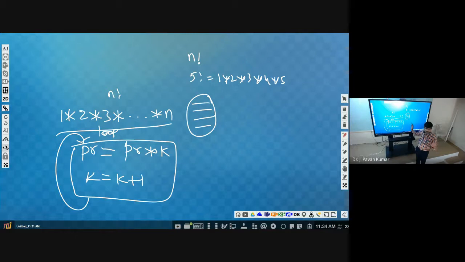Now, can we get the same n factorial value by using any other method? In general, the formula is n factorial is 1 into 2 into 3, so on up to n. Is there any other way to find n factorial?